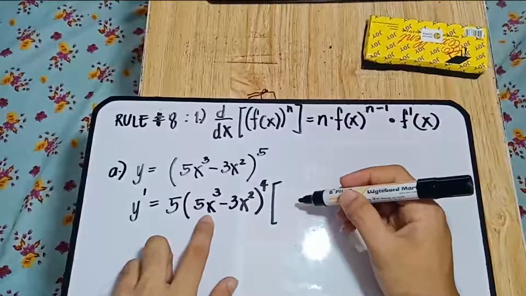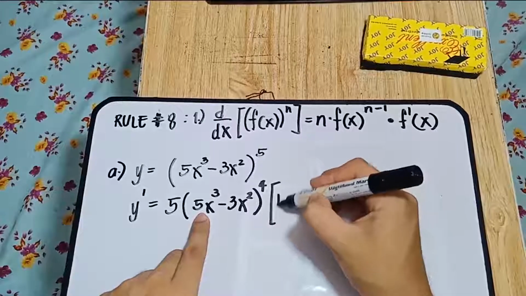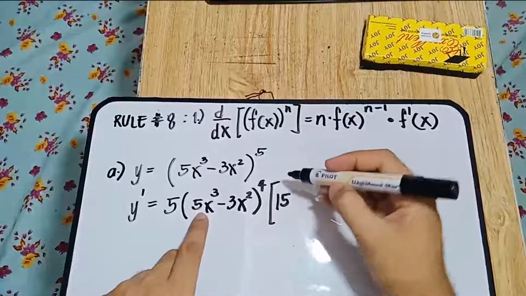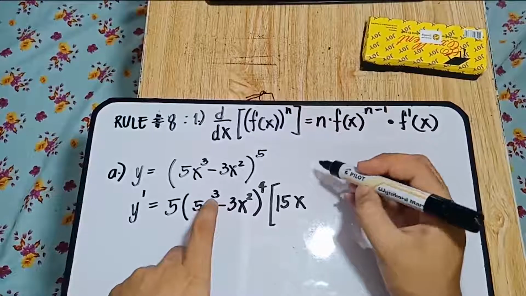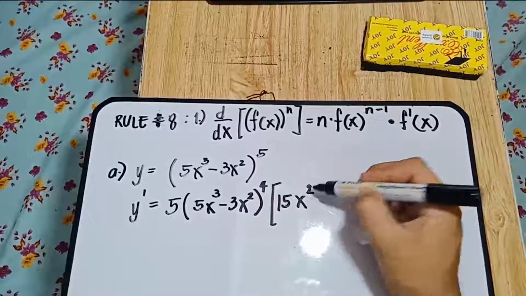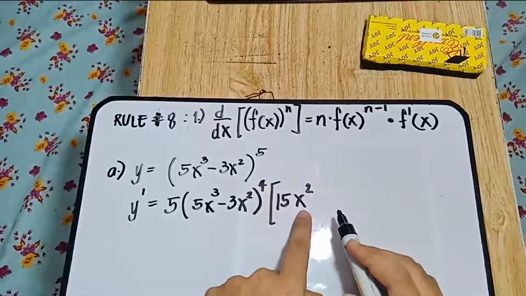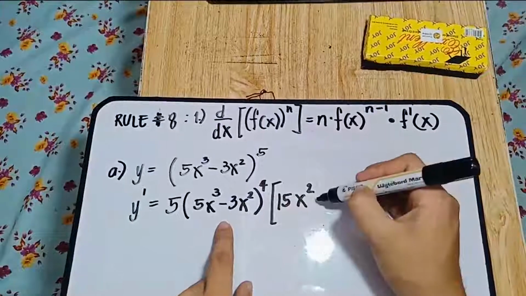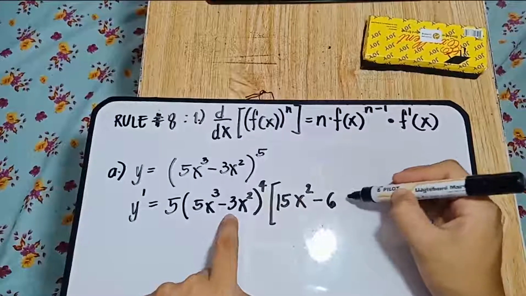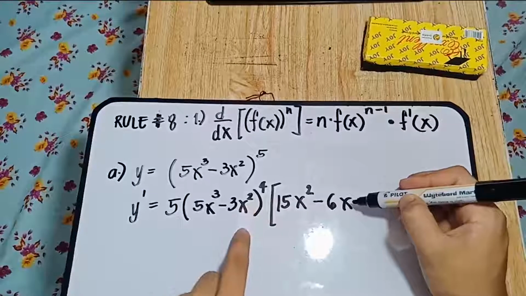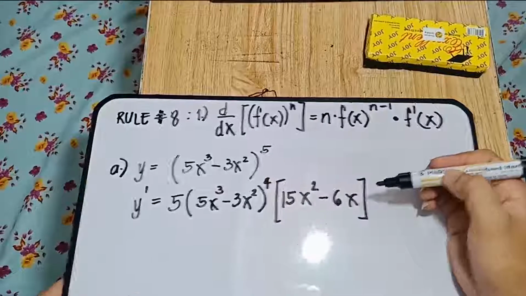Multiply pa daw natin sa derivative niyan. Ano ba derivative niyan? So, that is 3 multiply by 5 is 15. Then, kokopyahin ko yung x. And then, mababawasan ng isa yung exponent niya. Then, multiply by the derivative of x, which is 1. So, hindi ko na ilalagay yun. Minus 2 multiply by 3, that is 6. Kopyahin ko yan, mababawasan ng isa yung exponent niya. Kaya 1 na lang. Okay?